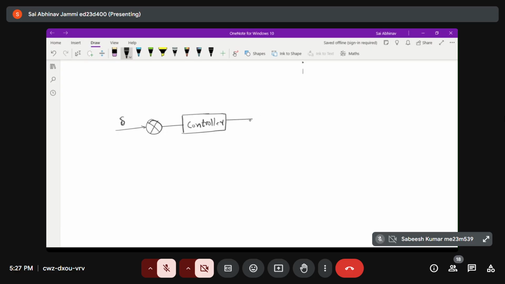For this diagram, we are directly modeling on the bicycle model, right? And taking that as our final output.